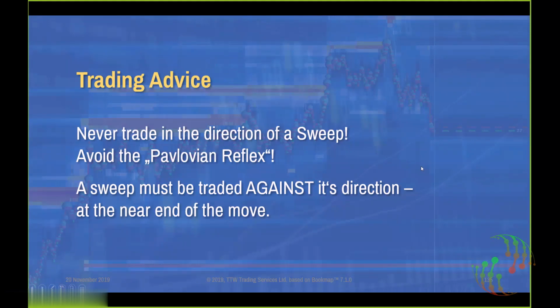Now, the point is what I would like to discuss with you every time we are going through this sweep and the strategies. You know, we have a Pavlovian reflex, a kind of conditional behavior. So sometimes we are used to jumping on the train or on the move because something happens. It goes very fast, up and down, and then we act with a reflex and try to jump on the trade.